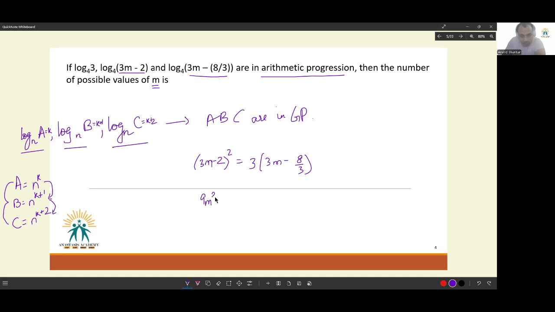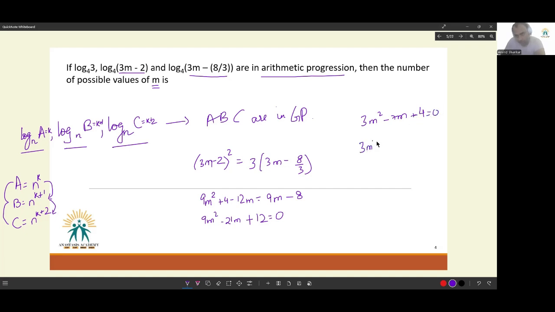I get 9m square plus 4 minus 12m is equal to 9m minus 8. Bringing everything over to this side, 9m square minus 21m plus 12 is equal to 0. I can cancel out the 3. I get 3m square minus 7m plus 4 is equal to 0.